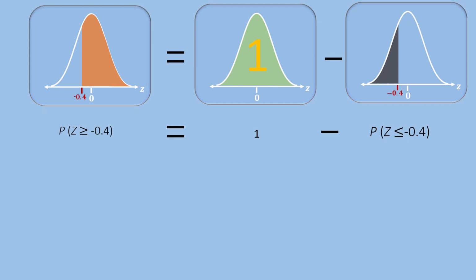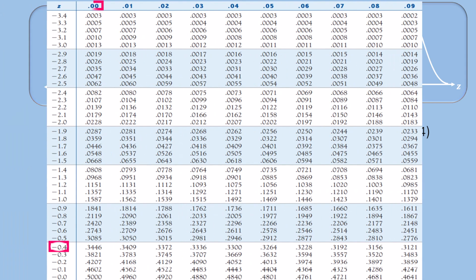Now you see we have the area left of z, right? Z here negative 0.4. Therefore, now you can use the table to find this probability. Yes, the probability is 0.3446.